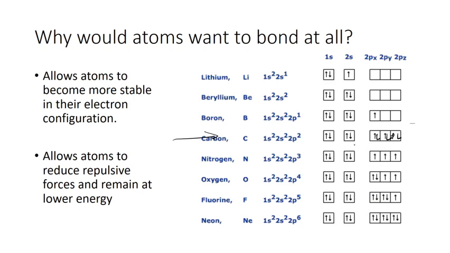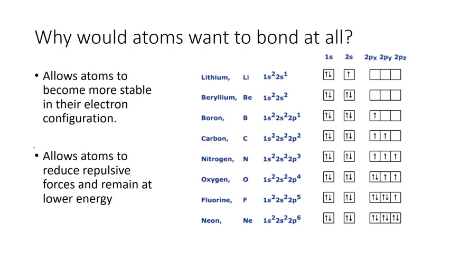If you notice, that electron configuration with all those electrons in there looks very similar to neon down here. And really, that's what they're going for. Atoms want to have that full configuration, that full outer shell, so that they are more stable.